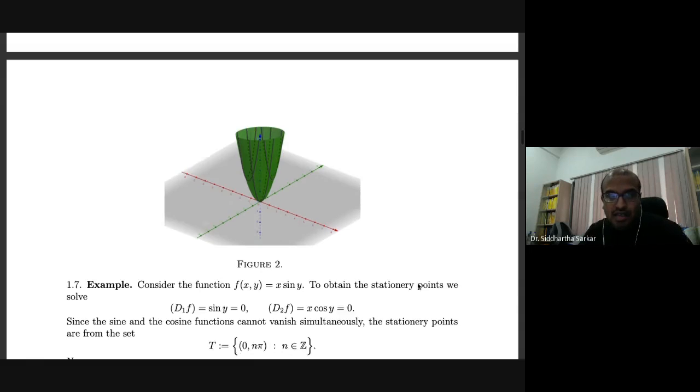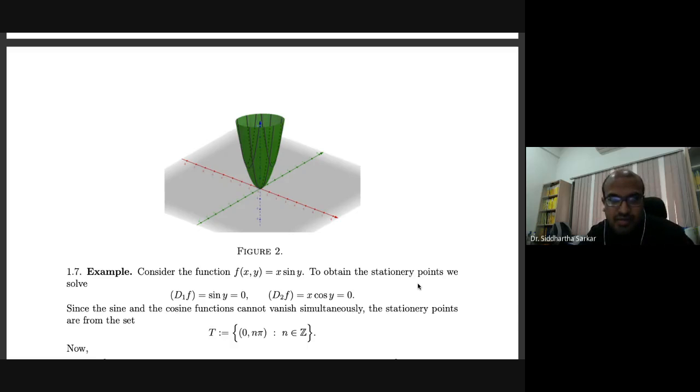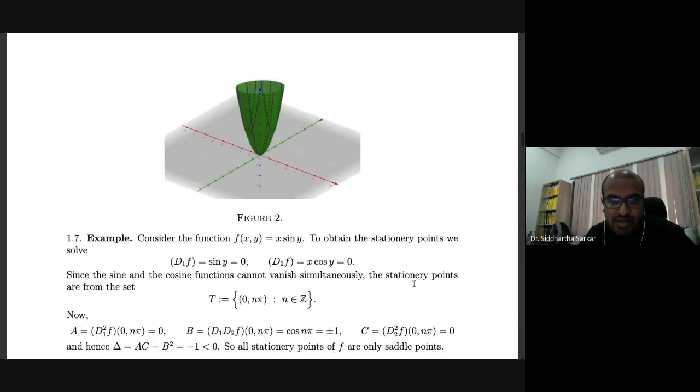So let's look at some more interesting examples. You take the function f(x,y) equals x sine y, and I want to find the stationary points. This is a little different from the previous ones. Again, you look at nabla f equated to 0. Sin y equal to 0 essentially means that the values of y should come from the set n pi, where n runs over all integers.